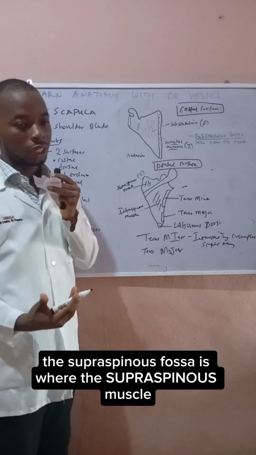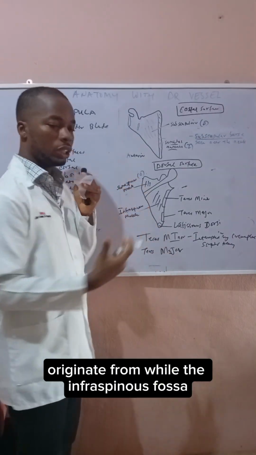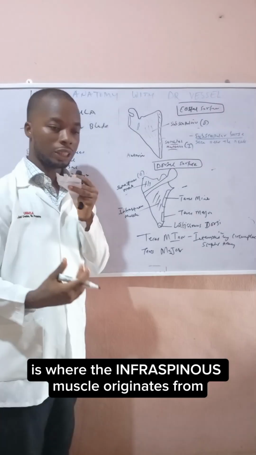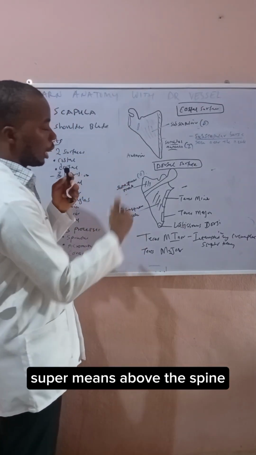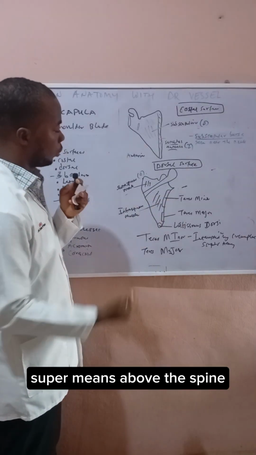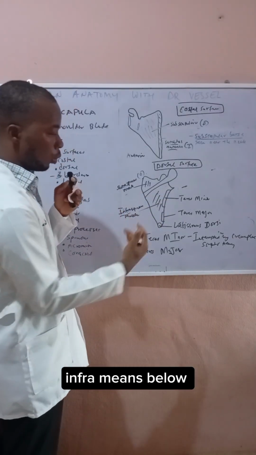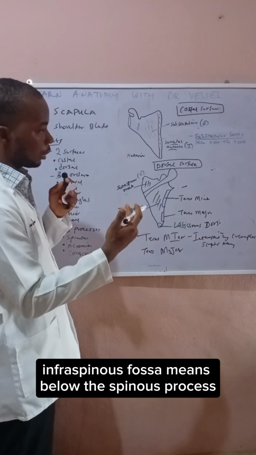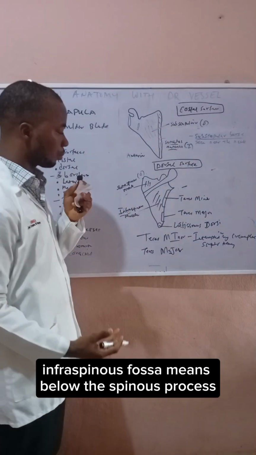The supraspinous fossa is where the supraspinatus muscle originates from, while the infraspinous fossa is where the infraspinatus muscle originates from. Supra means above the spine, thus supraspinous fossa. Infra means below, so infraspinous fossa means below the spinous process.